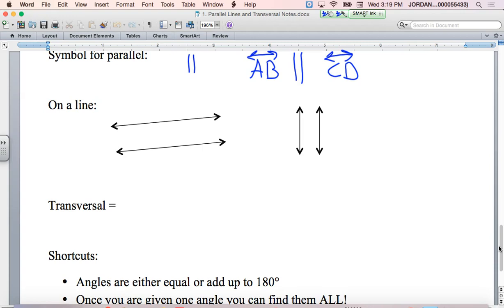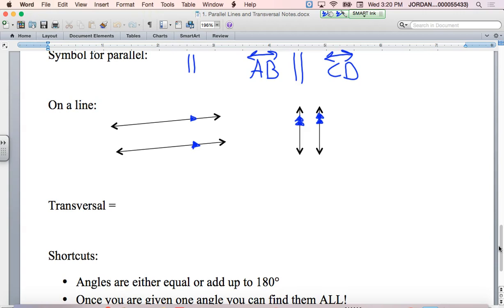Now when you're looking at 2 lines, the way you can tell that these lines are parallel is they have little triangles on them that match each other. So you could have them like that, or maybe you have 2. So that helps distinguish one set of parallel lines from another. We see 1 triangle on those 2 lines, that indicates they're parallel to each other. The other lines we see 2 triangles, that indicates that those 2 are parallel to each other.